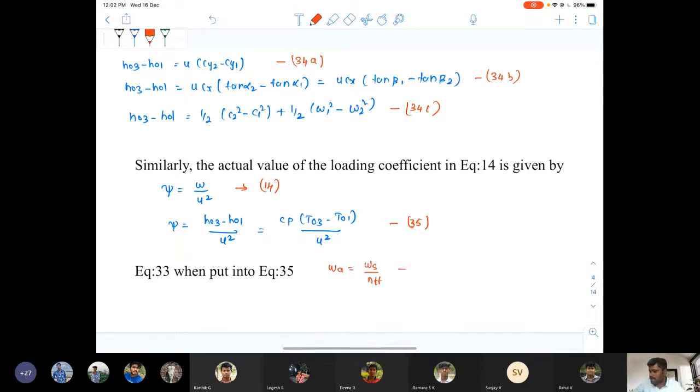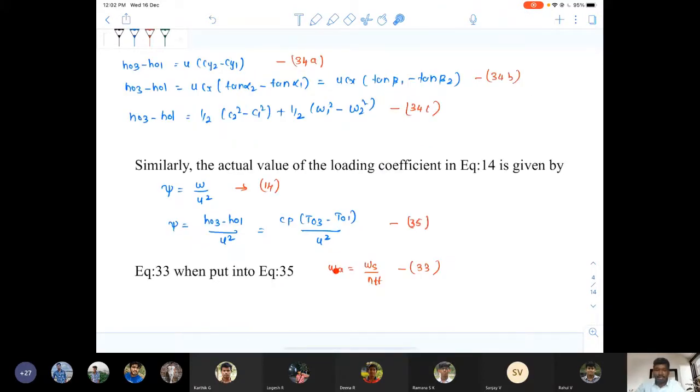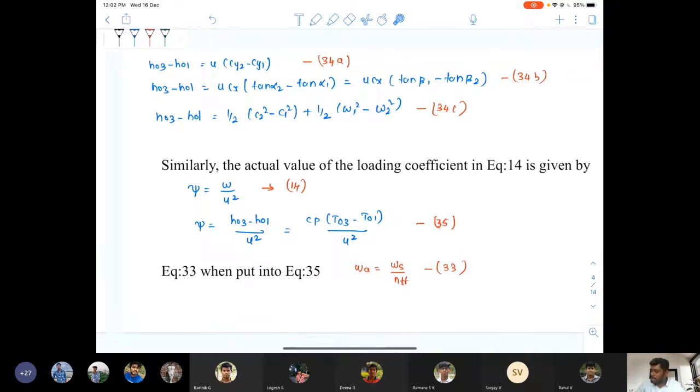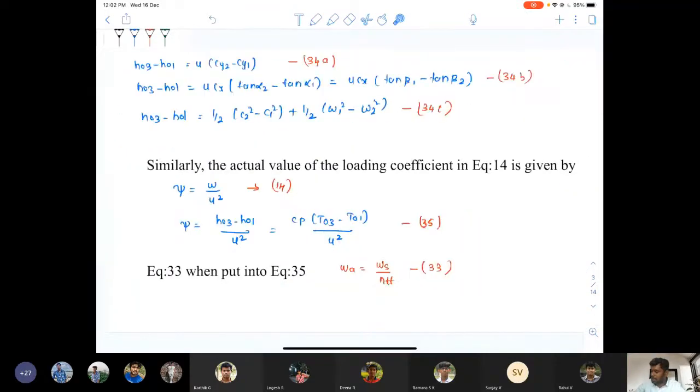This is equation number 33. We know that this is the actual work, this is the ideal work, and this is the efficiency. We have just cross multiplied it, and we have taken WA, the actual work, is equal to WS by eta TT. WS is nothing but T03 SS minus T01.